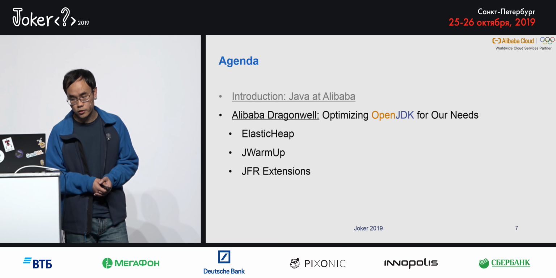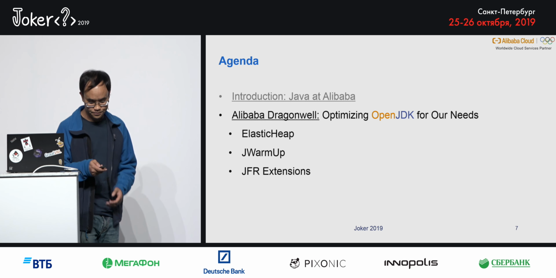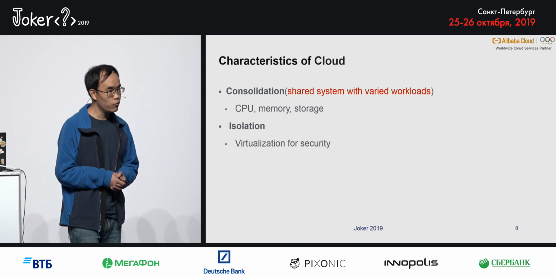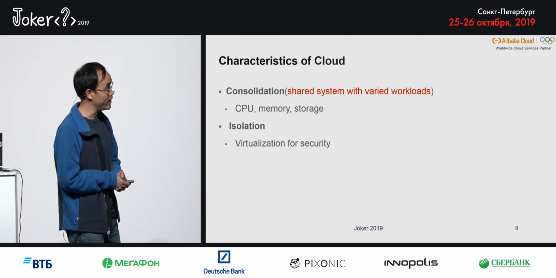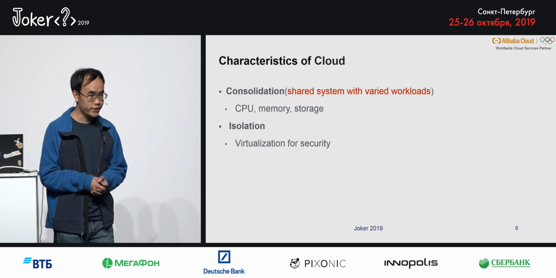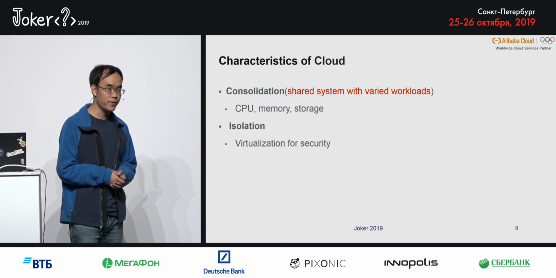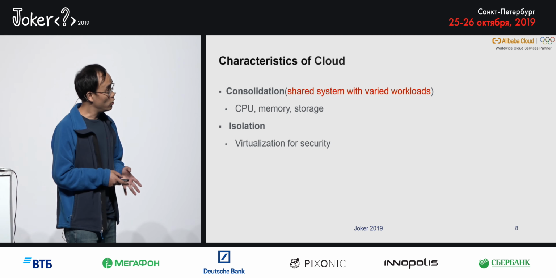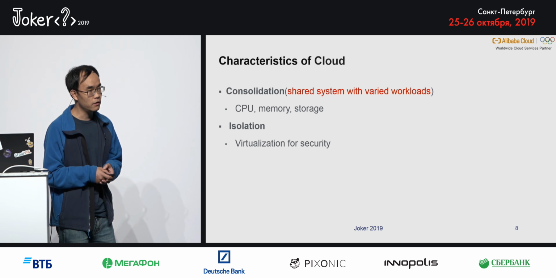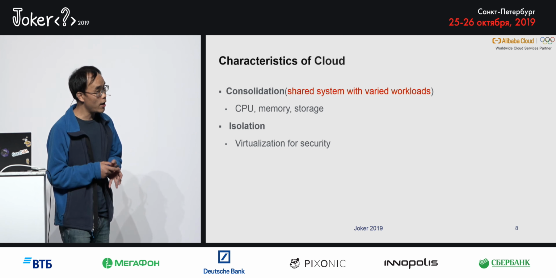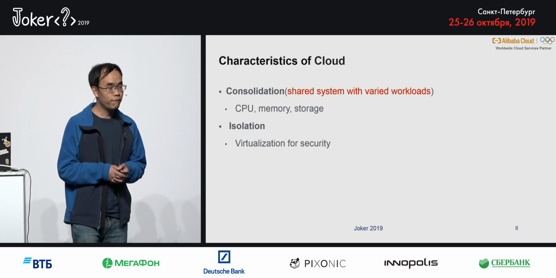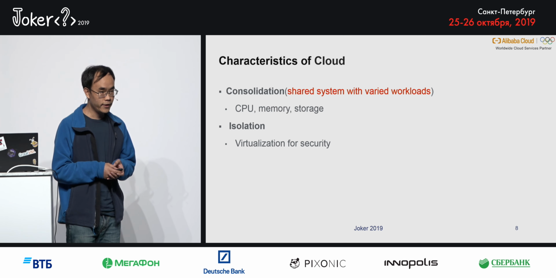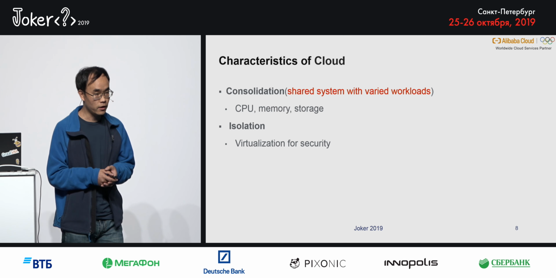The first feature is elastic heap. Before diving into details about elastic heap, I would like to discuss the motivation behind it, why we want to do this. For this, I list two important characteristics of cloud. The first is that by using cloud, you can do consolidation.